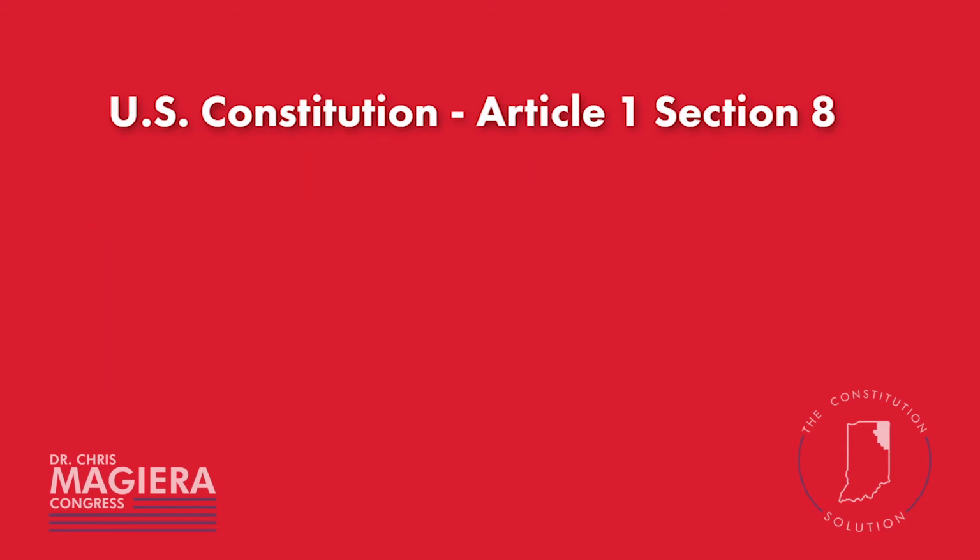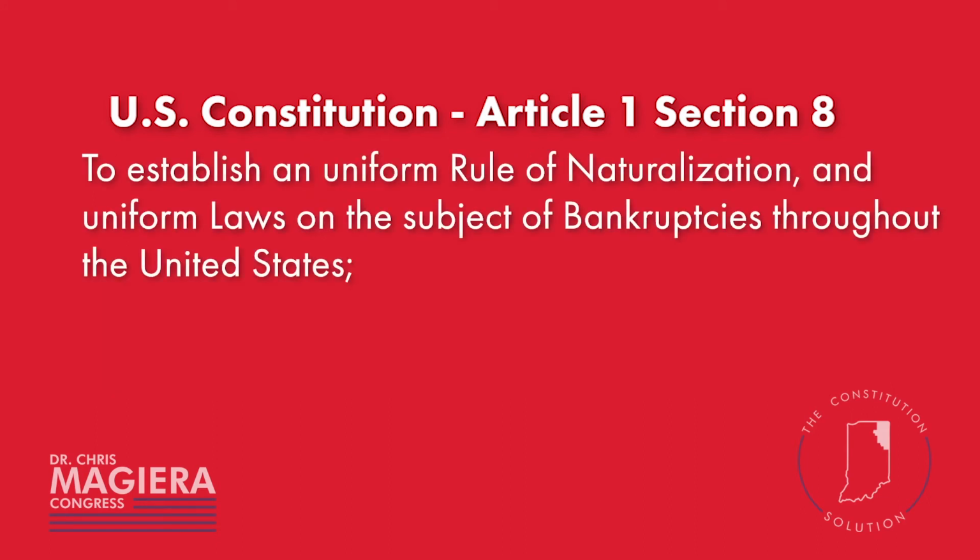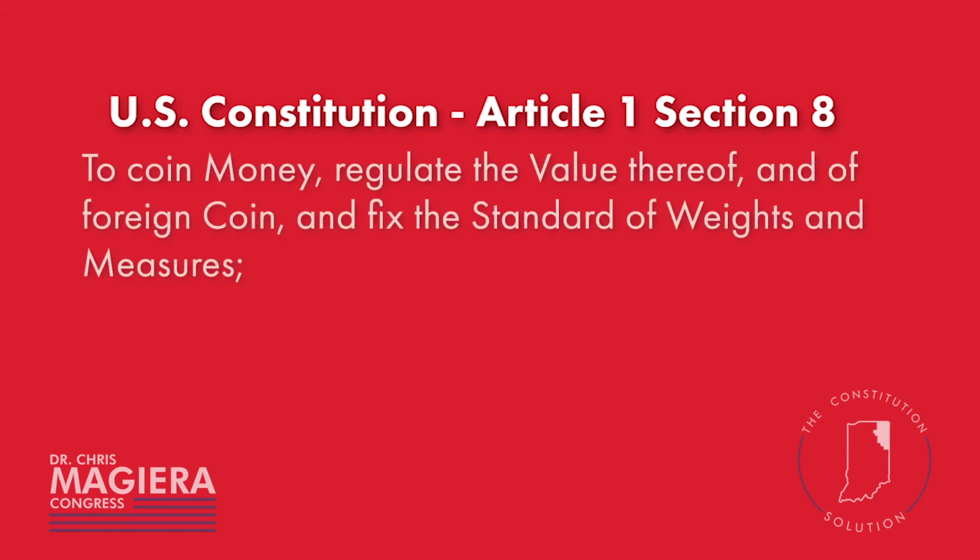Number 4, to establish an uniform rule of naturalization and uniform laws on the subject of bankruptcies throughout the United States. Very important. Number 5, to coin money, regulate the value thereof, and of foreign coin, and fix the standard of weights and measures. Self-explanatory.